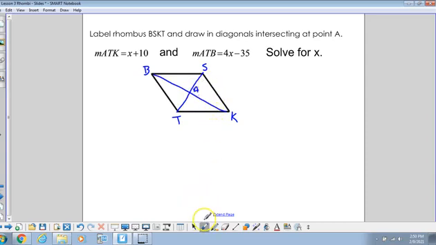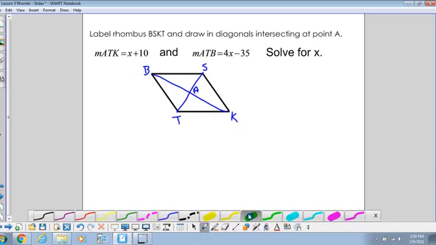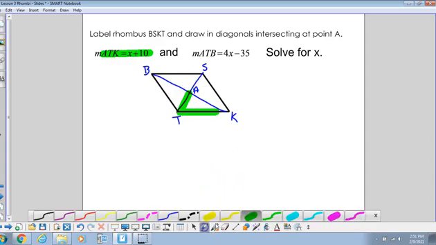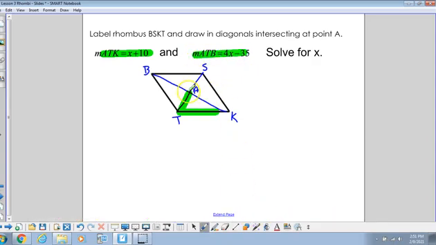Okay, and then we are told that the measure of angle ATK is x plus 10. ATK is this angle down here. And ATB is 4x minus 35. ATB is this angle right here.